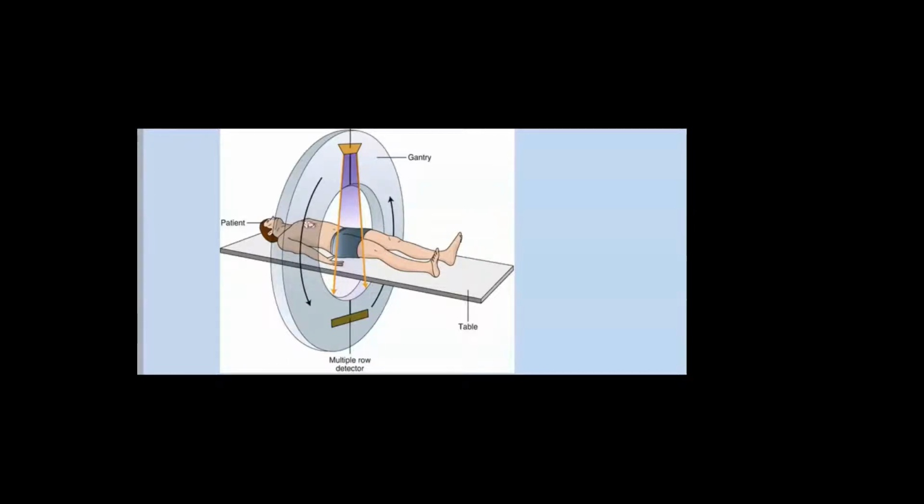The X-ray source emits X-rays that pass through the patient and go to the detector. So finally, what does the detector do? It gets an attenuation map. When the X-ray penetrates the patient, there will be different attenuation according to different tissue attenuation properties.